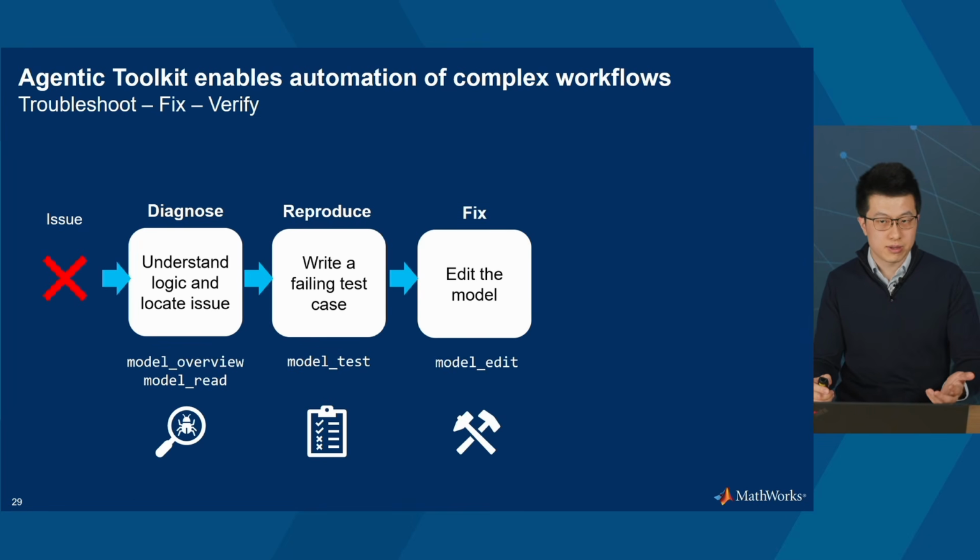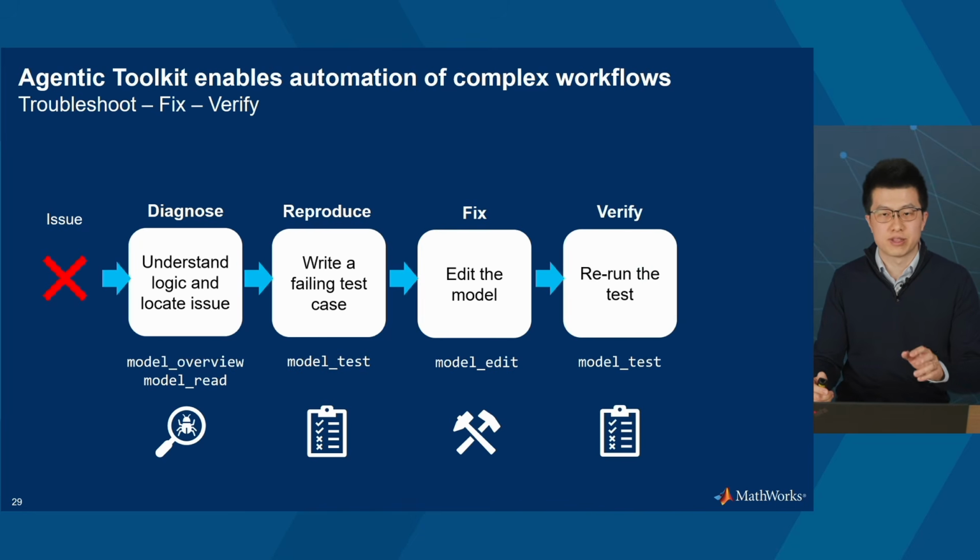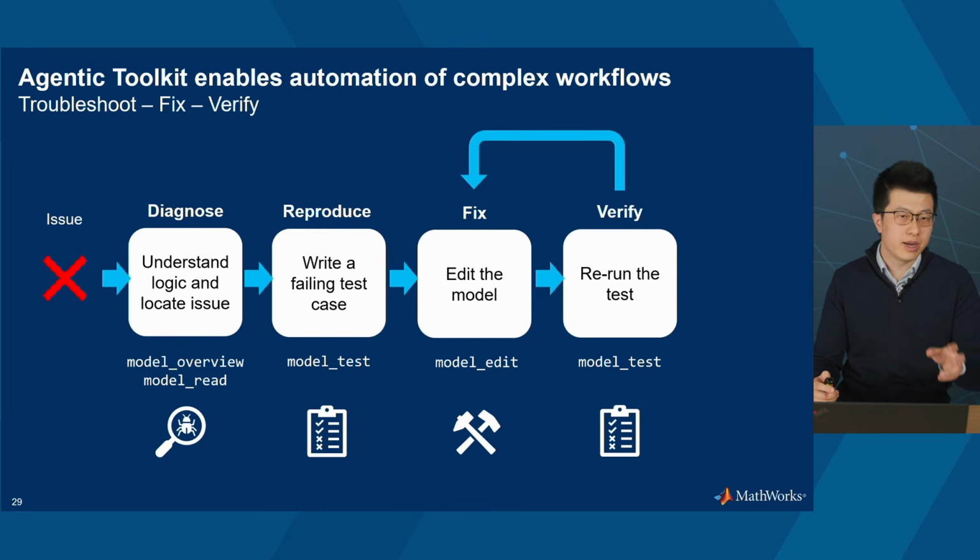If something fails, the agent doesn't stop there. It delivers a fix to the model by calling model edit. But what makes this really powerful is the feedback loop. After the fix is applied, the agent automatically reruns the test to verify that the change indeed solves the issue without introducing any regressions. So this iterative cycle can dramatically reduce the manual effort that's typically required in this workflow.